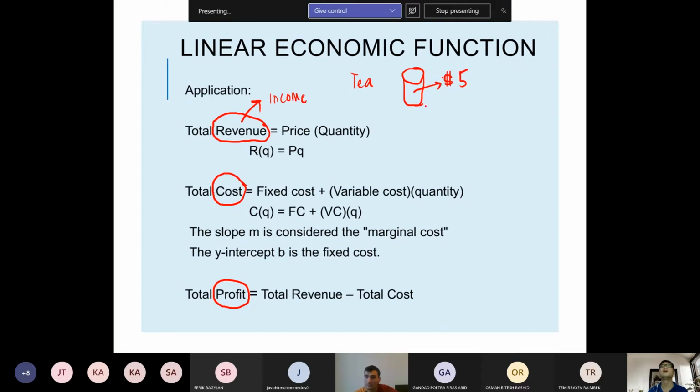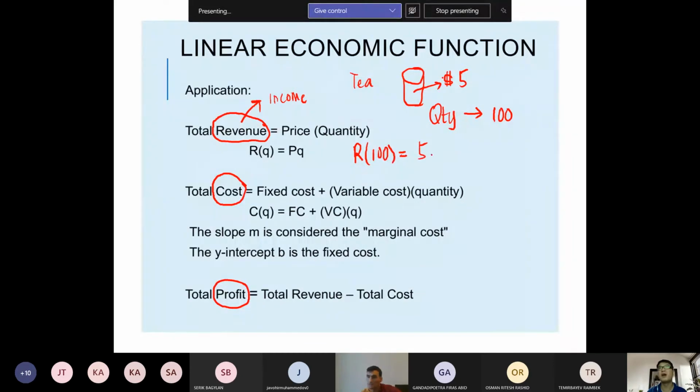Now, in a particular day, let's say the quantity is, can you give me some example? What do you want the quantity to be? 100. Good. Now, let's say in a certain day, the quantity is 100. How do you calculate your revenue, your income? Quantity times price.